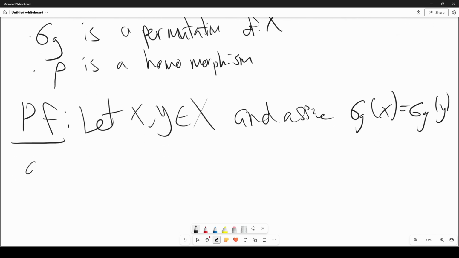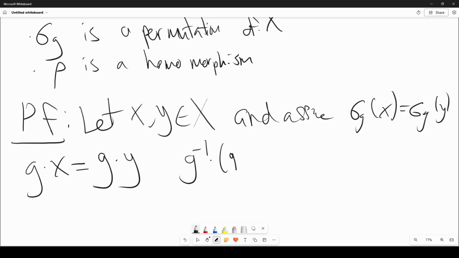Then we get that g dot x equals g dot y. But if I multiply by g inverse on both sides, or if I have g inverse act on both these items, I get g inverse dotted with g dot x equals g inverse dotted with g dot y.